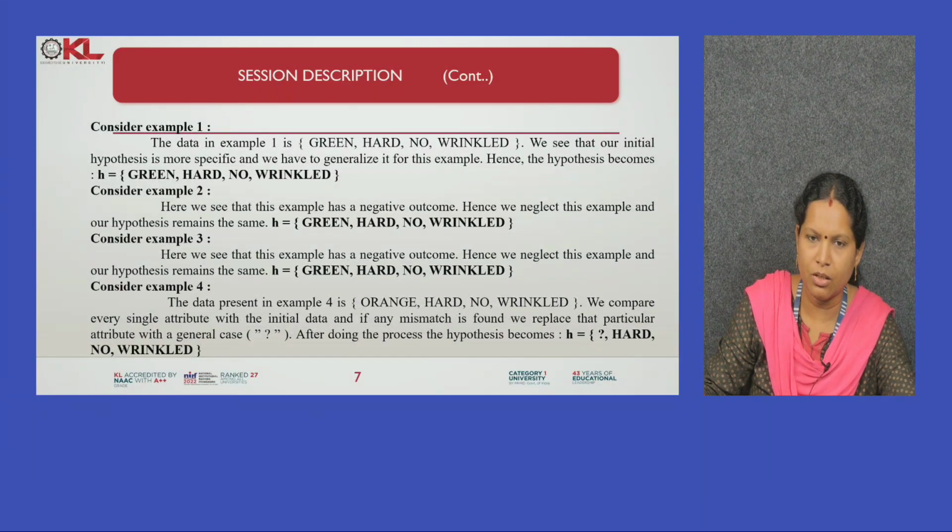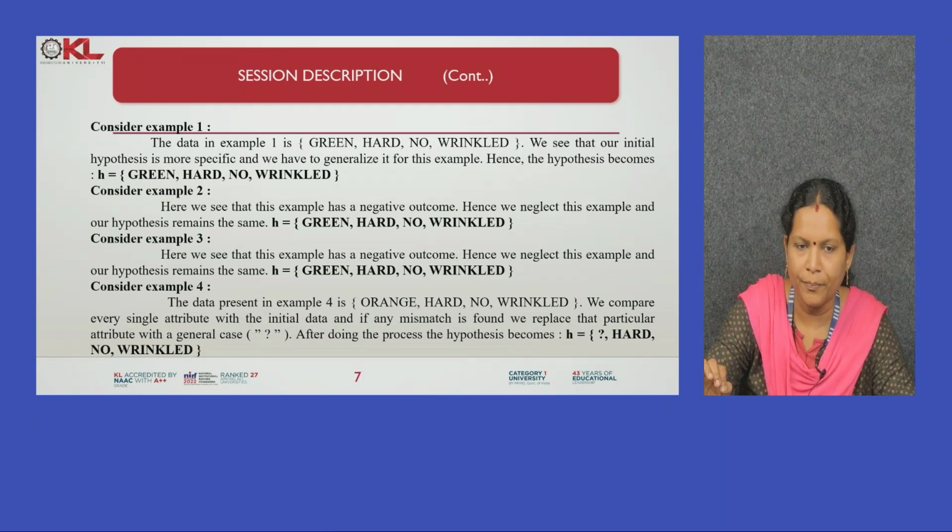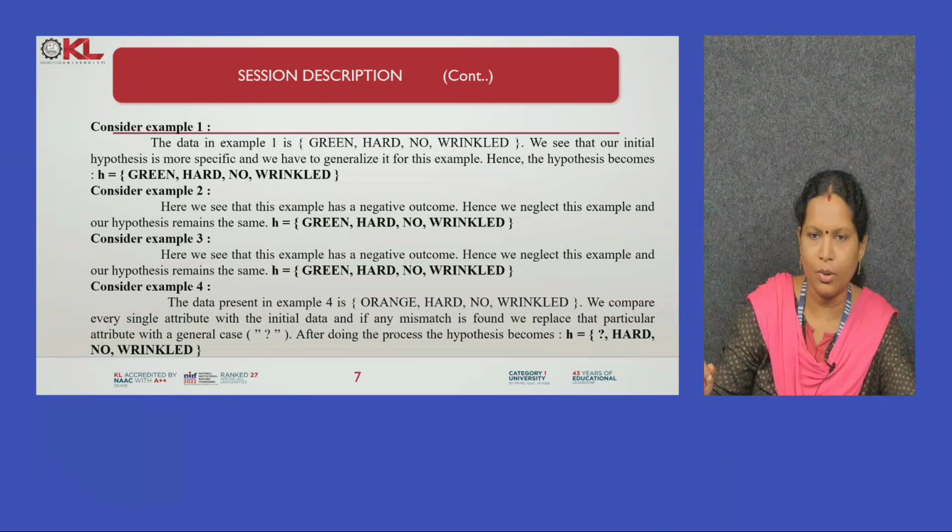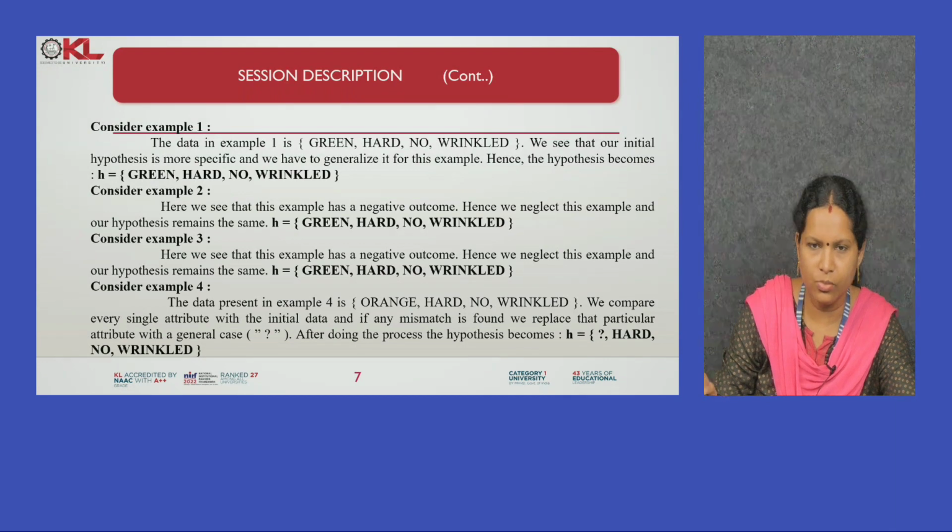If any mismatch occurs, we replace that particular attribute with the general case, the question mark. Here we are using the general hypothesis, and the symbol of the general hypothesis is the question mark. After doing the process, the hypothesis becomes H equal to: we replace the first attribute. Why? Because in the previous example it was green and in this example it is orange, and the remaining are the same. So we put a question mark in place of orange: question mark, hard, no, wrinkle.